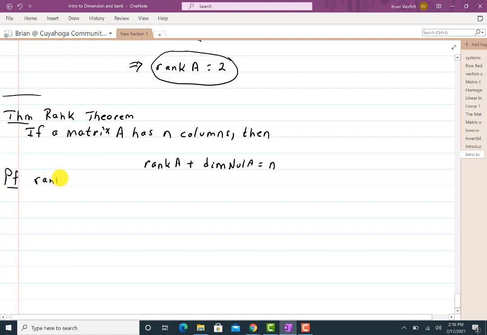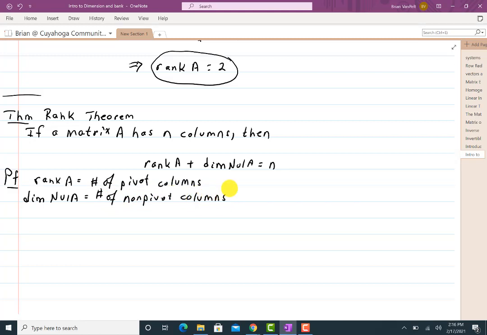So rank A equals the number of pivot columns, and the dimension of null A equals the number of non-pivot columns. Remember, those non-pivot columns are exactly the columns where the free variables roam.